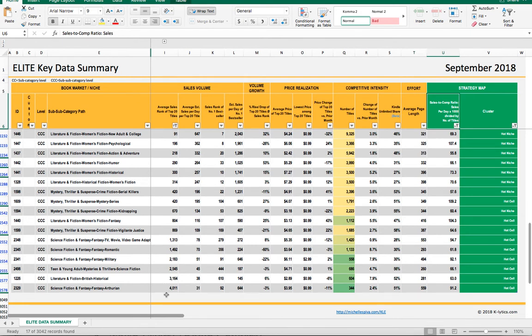At a 4,000 sales rank, now this is not going to be true to form, but it's close enough, that's about 31 books a day. 3,000, around 38, and so on. So that's how I can pick that kind of stuff. We don't have to make this hard. I'm just telling you how you want to make your money. And like I said, this is why I love K-Lytics, because it's almost like shooting fish in a barrel.